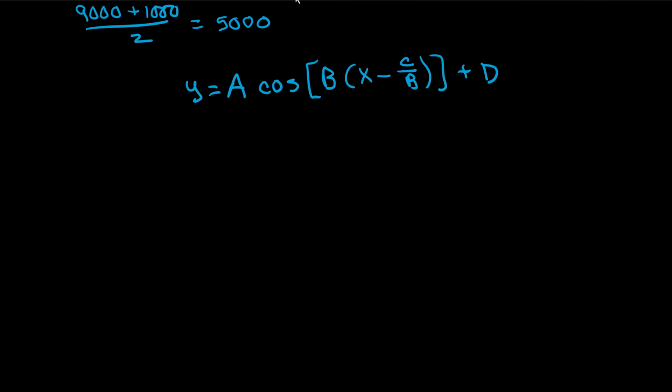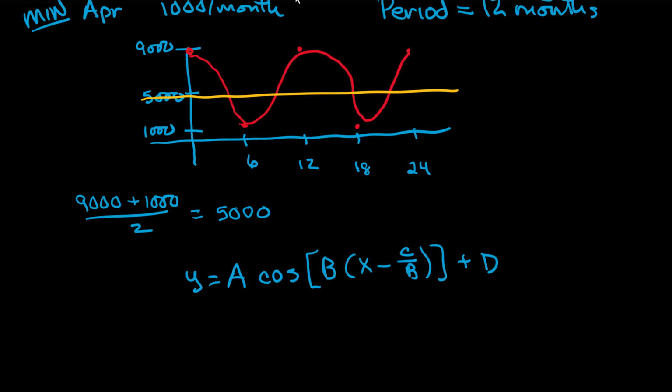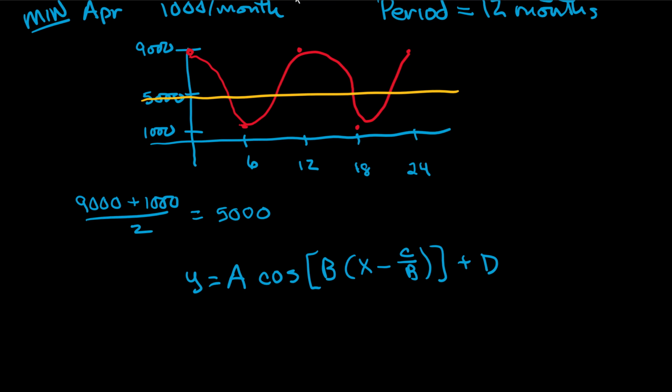All right, we need to look up what these values are. Well, first, let's take a look at the graph. Above the midline, this thing rises 4,000 units. Below the midline, it drops 4,000 units, which says that we have an amplitude equal to 4,000.